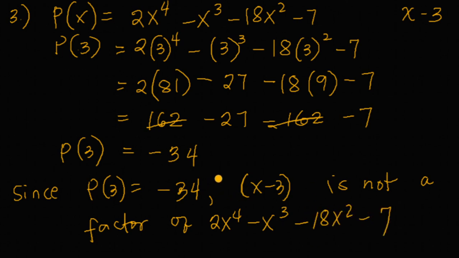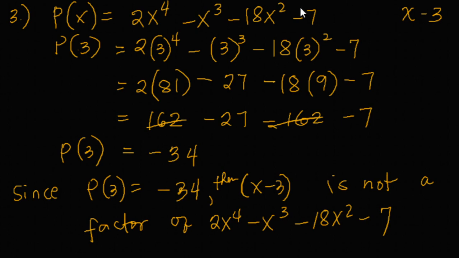Okay? Dapat may then dito. Okay, since p of 3 is equal to negative 34, then x minus 3 is not a factor of 2x raised to 4 minus x cubed minus 18x squared minus 7. Okay, that's it. So that's all for this lesson.